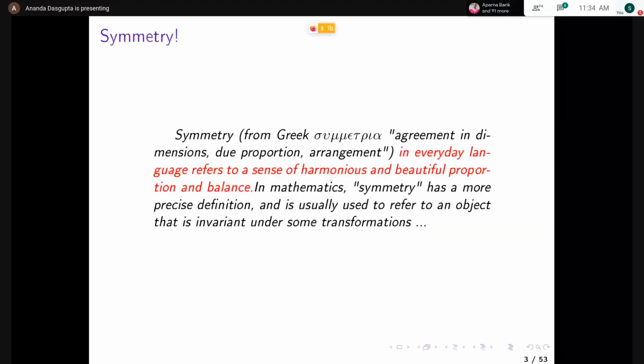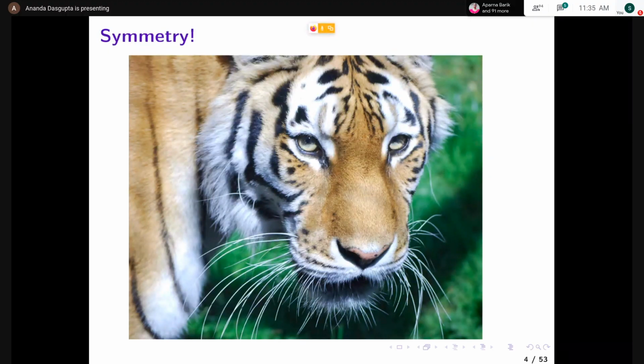The very first picture is one which, if you leave aside the fierce aspect of it, you can see that there's a very pleasing bilateral symmetry in the face of the tiger. Just imagine the straight line drawn right down the middle of the nose. The left and right parts are almost identical.